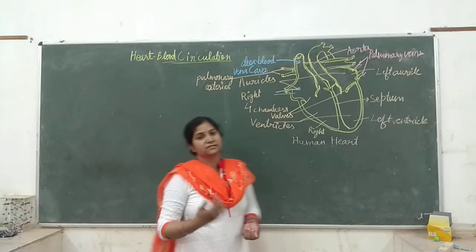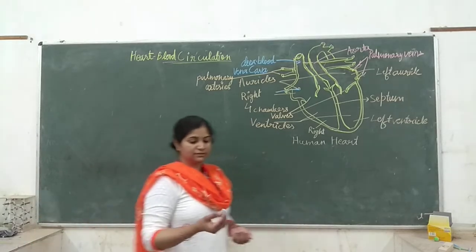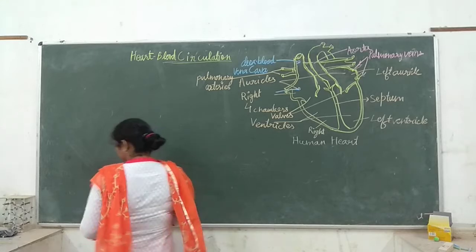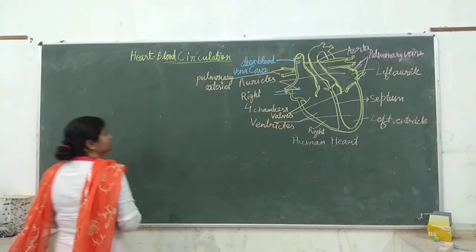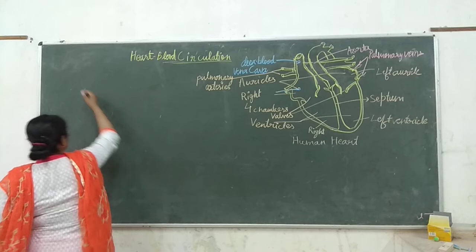Now we are going to understand how the blood circulation happens in the heart. We will start from the vena cava.